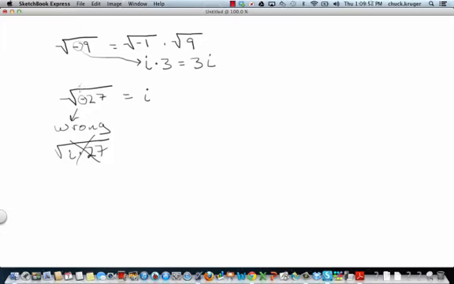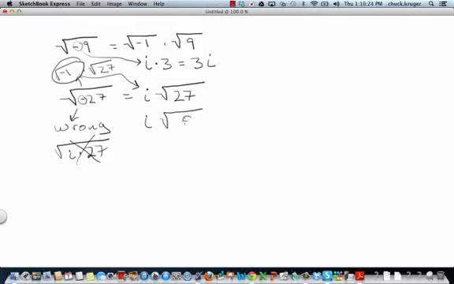Remember, what I'm doing here is I have the square root of negative 1 times the square root of 27. This whole thing right here is not the square root of i. It is just i by itself. So I have i, and now I have the square root of 27. Inside 27, there's a perfect square, and the perfect square that exists in 27 is 9.